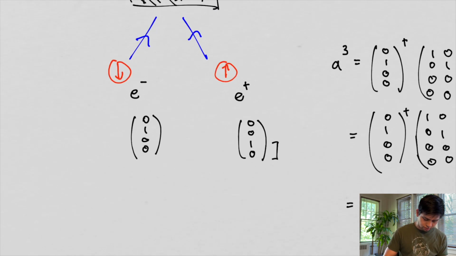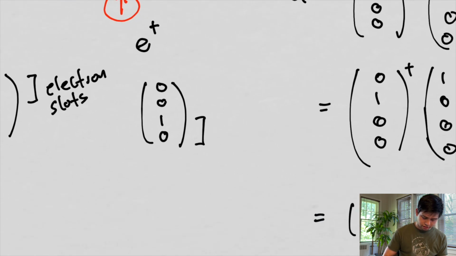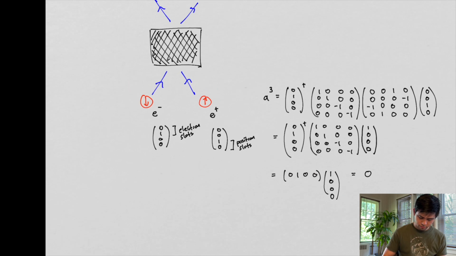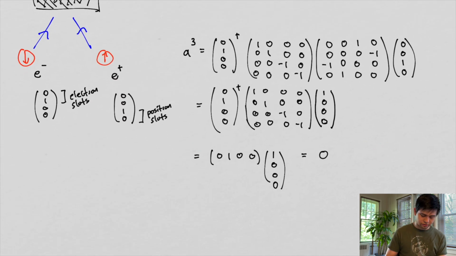For the electron, the 1 is going to be in either of these 2 slots: electron slots, positron slots. Same thing. We can bookkeep these guys here, but this is just an example.